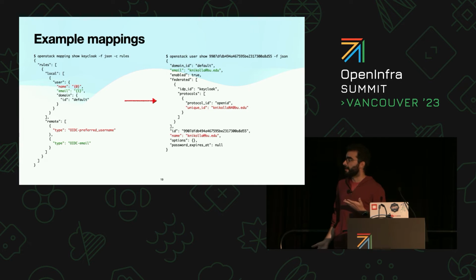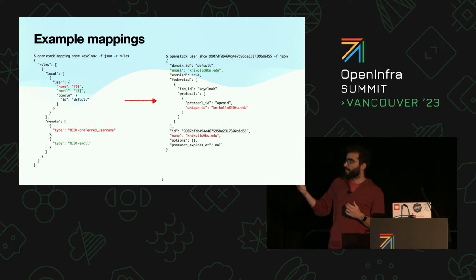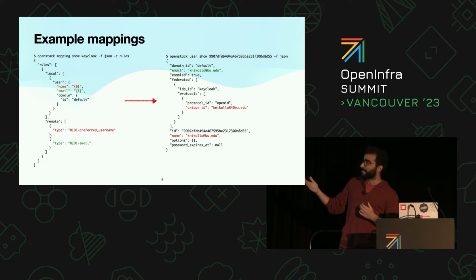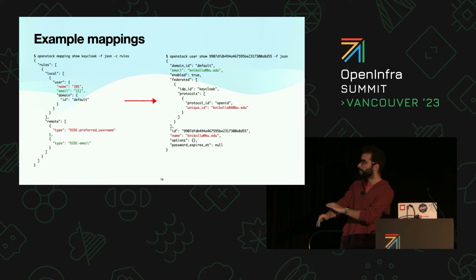You can see that there are two sections, remote and local. In the remote section, we have OIDC preferred username and OIDC email. And in the top part, we have a 0 and a 1. I have color-coded them to make it easier to understand which goes where. But this is what a mapping is. It maps remote claims into the attributes of the user.